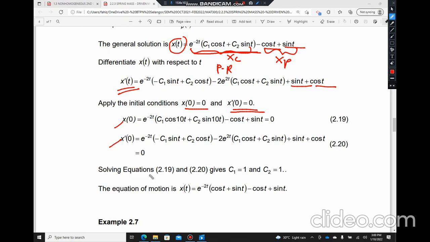So solve simultaneous equation, given C1 equals to 1 and C2 equals to 1. So the equation of motion is x(t) equals to e^(-2t)(cos t + sin t) - cos t + sin t. So you get this, the equation of motion here. Okay, so yang ni sebab dia dapat C1 1, C2 1 juga.